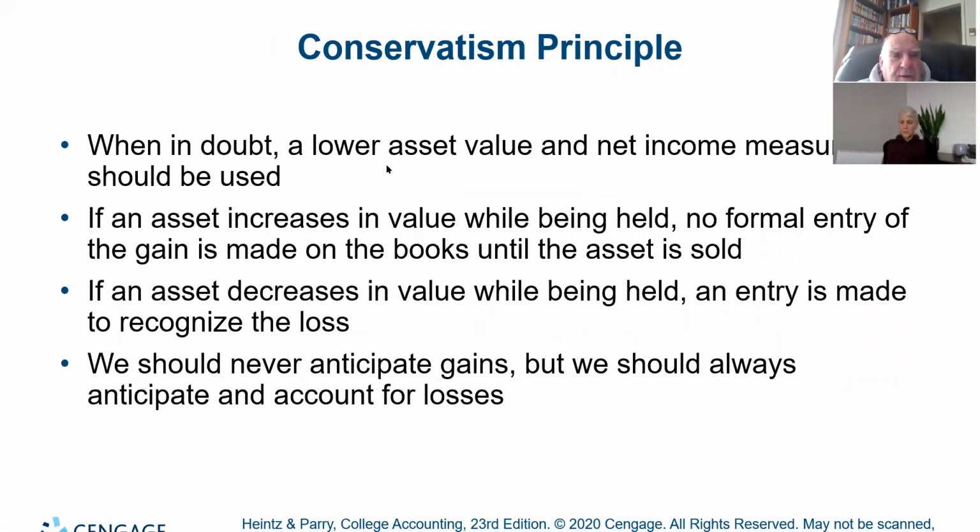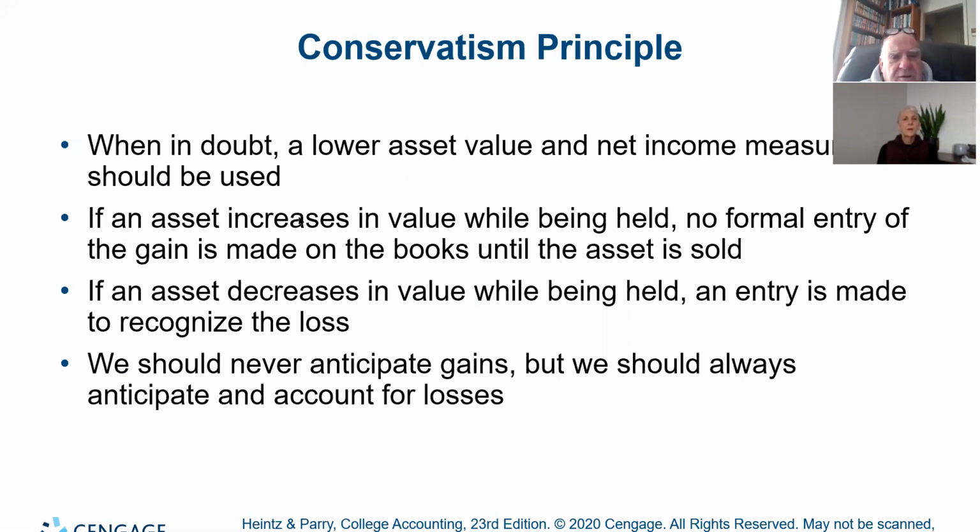Conservatism. When in doubt, a lower asset value and net income measure should be used. We're going to learn about something called the principle of lower of cost or market.